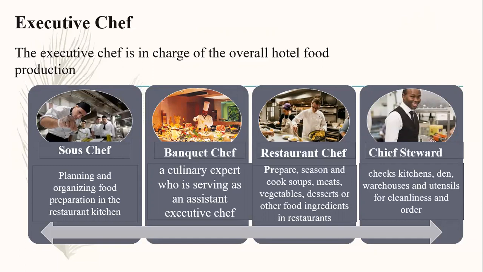The restaurant chef is responsible to prepare, season, and cook soups, meats, vegetables, desserts, or other food ingredients in the restaurant. This staff can order supplies, keep records and accounts, price items on a menu, and plan the menu.